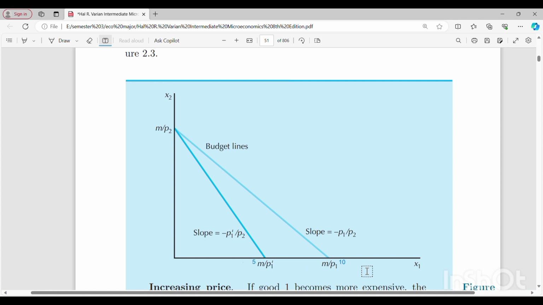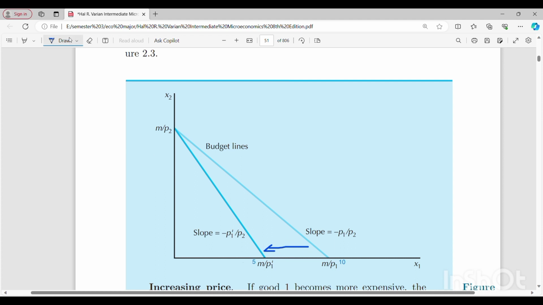When the price of good 1 is decreased from P1 to P1 prime, for example 10 to 5, the budget line will be steeper. How will it be steeper? Because consider the income as 50. When it was 10 rupees, he can have 5 units, and here he can have 10 units. So this will be steeper.